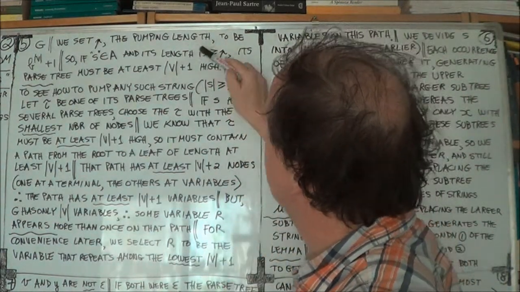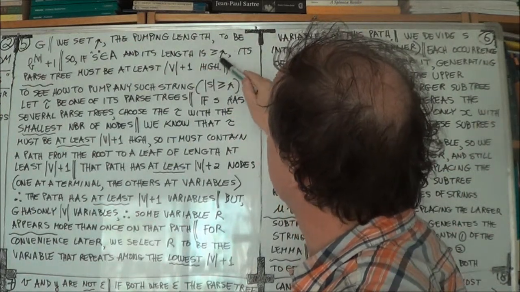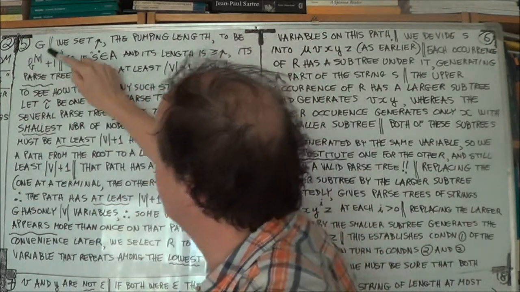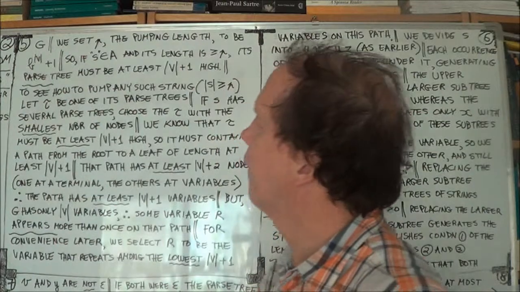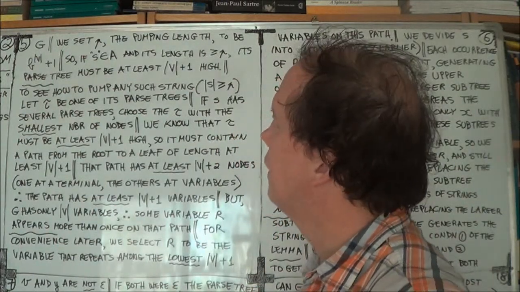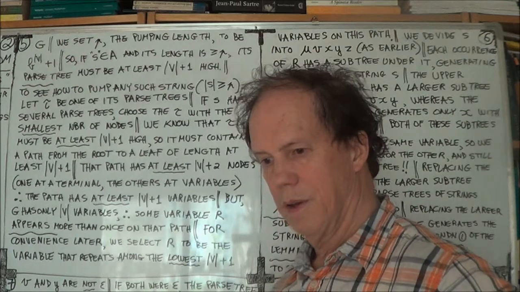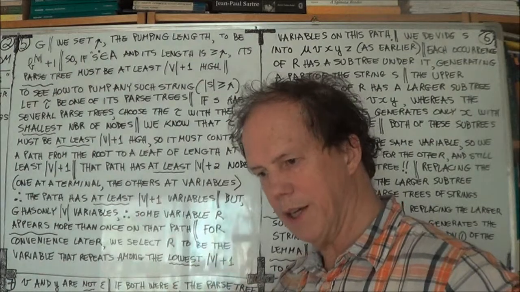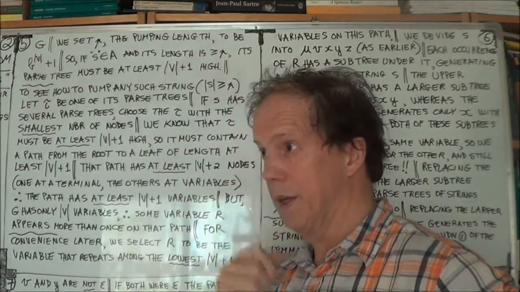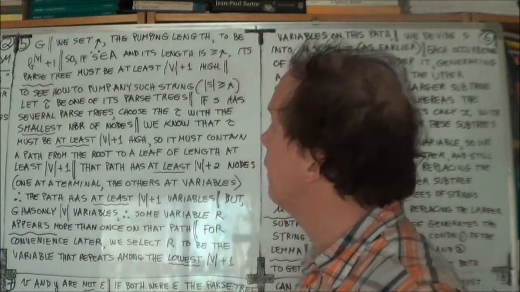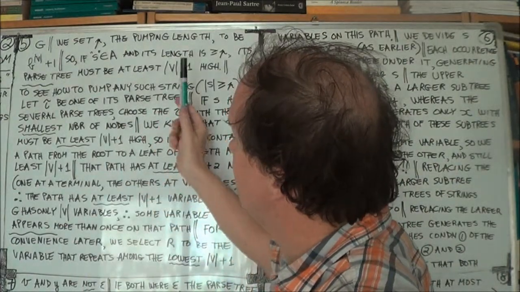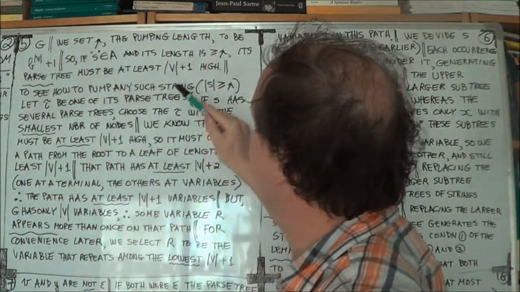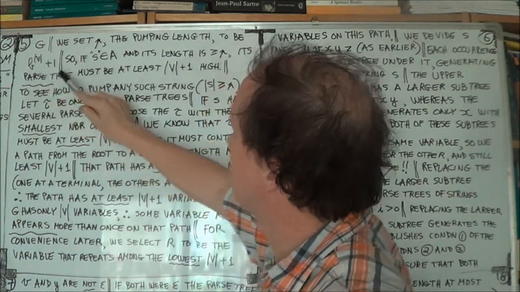Okay, so if the length of your string is greater or equal to your pumping length, in other words, greater or equal to that, then the length of its path, how many layers below the starting symbol, must be like little h plus 1.